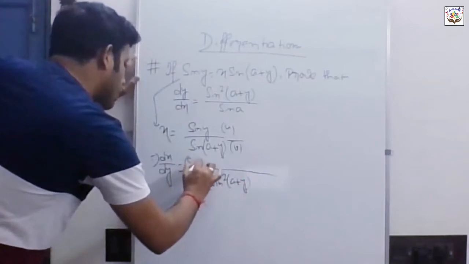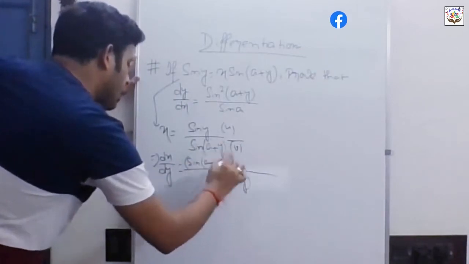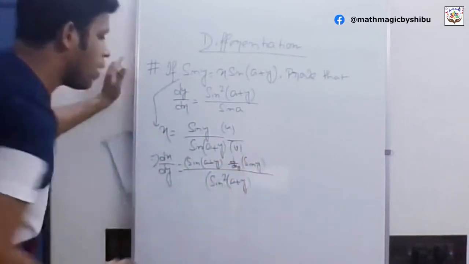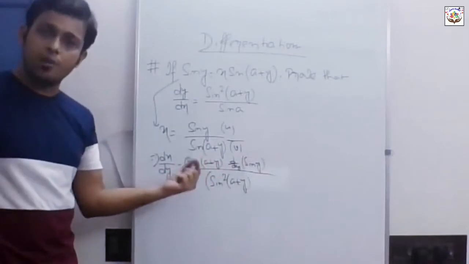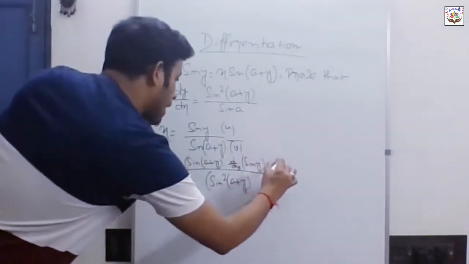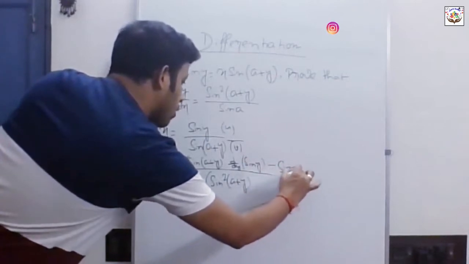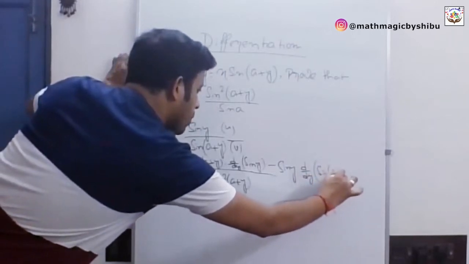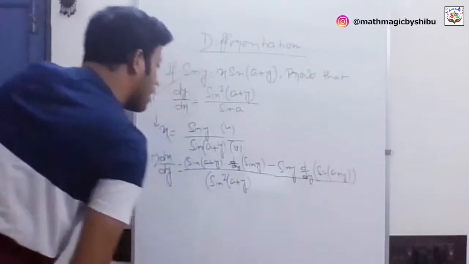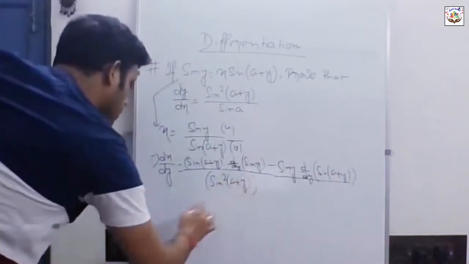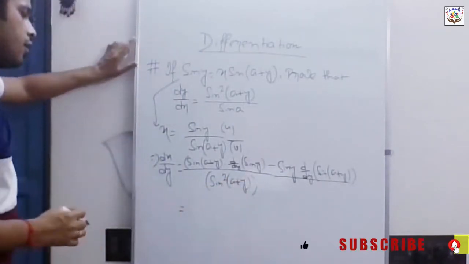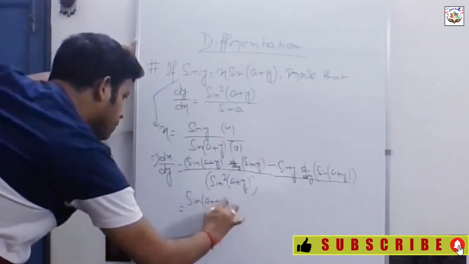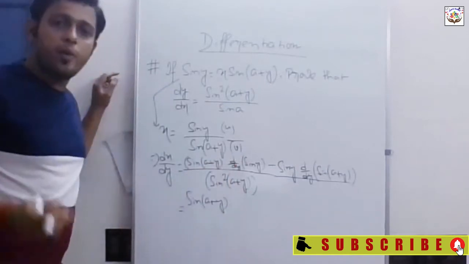In the numerator it will be sin(a plus y) into d/dy of sin y. I hope you can understand why I have written d/dy, as we are differentiating with respect to y. Minus sin y into d/dy of sin(a plus y). Now, d/dy of sin y would be cos y.